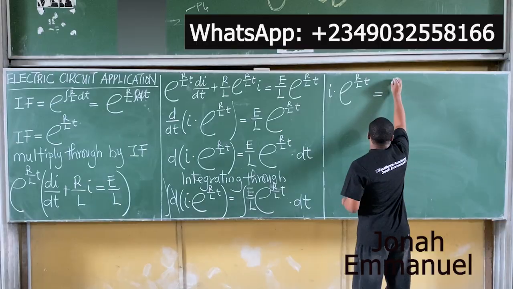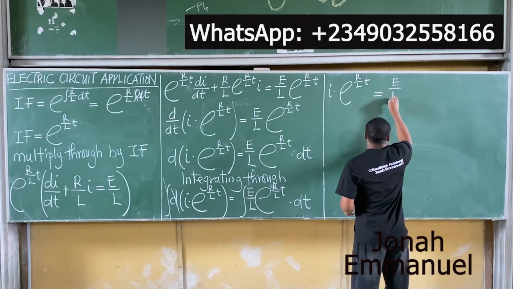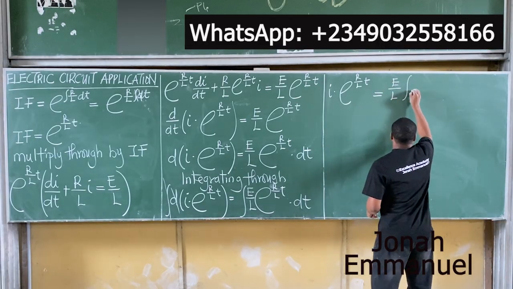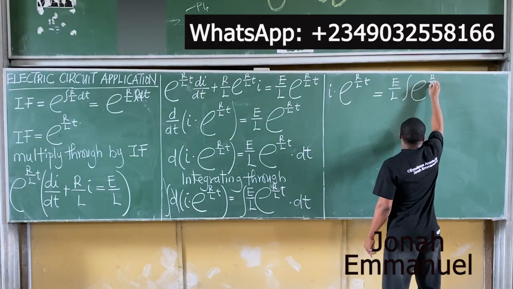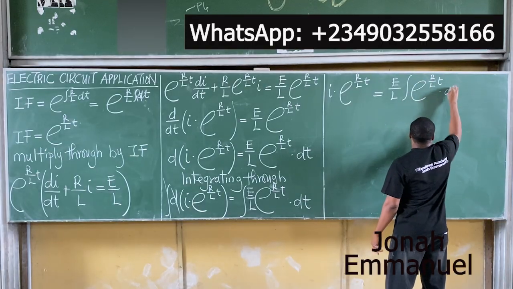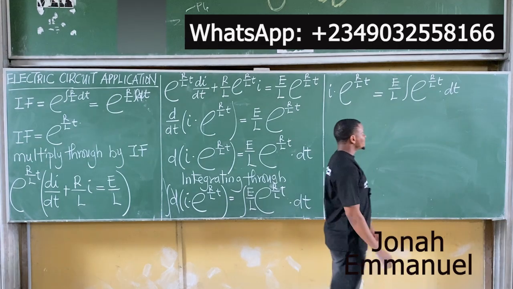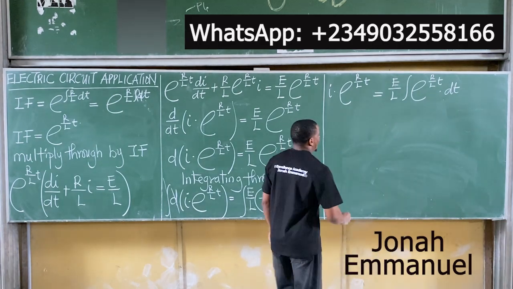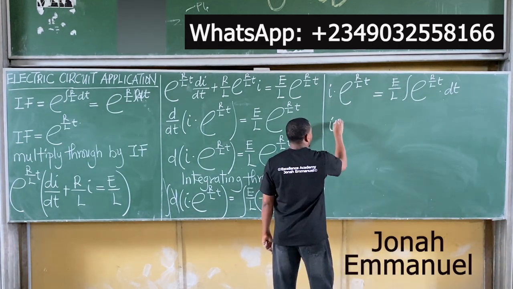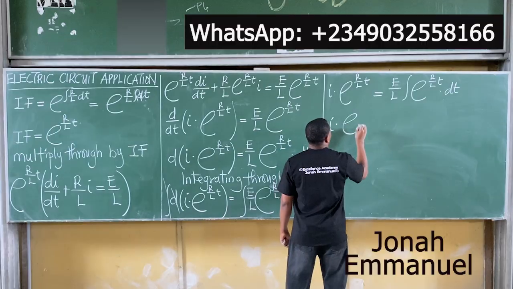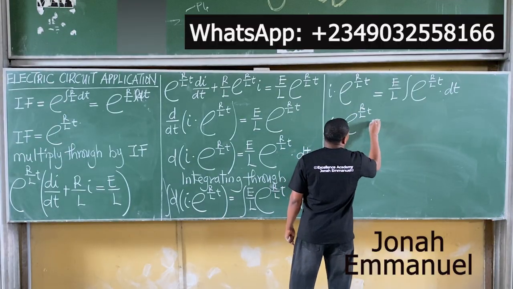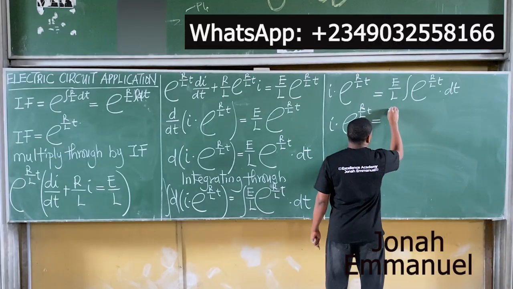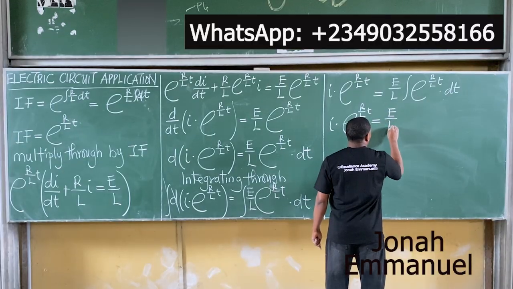So I have E all over L integral of exponential R over L t dot dt. From here, I have that I dot exponential R over L t is equal to, this gives you E all over L.